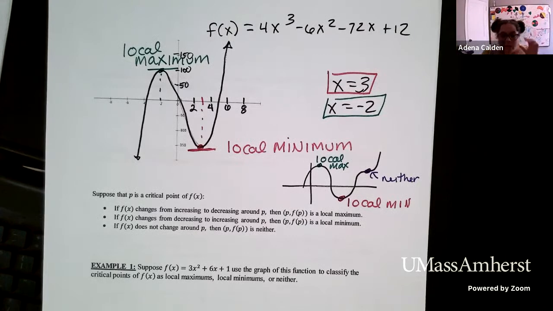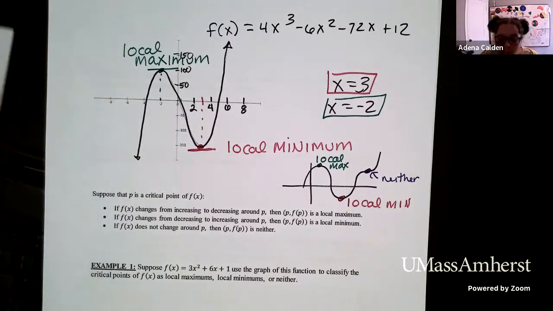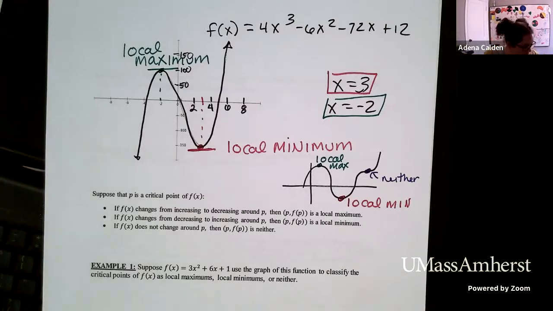What we want to do is start thinking about what the graphs of all of these functions we've been working with look like. We are going to go back through all of the examples that we have already found critical points for, and now we're going to start classifying them.